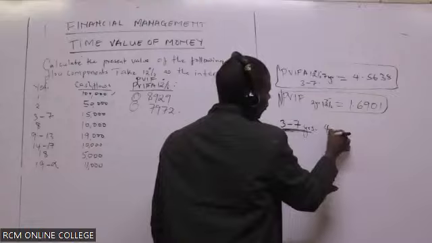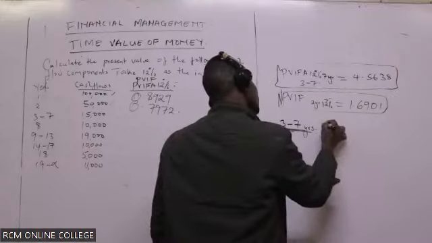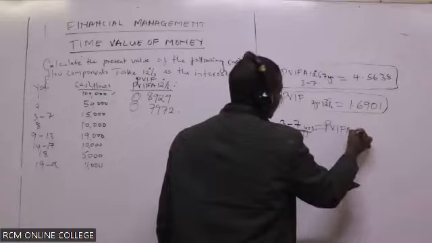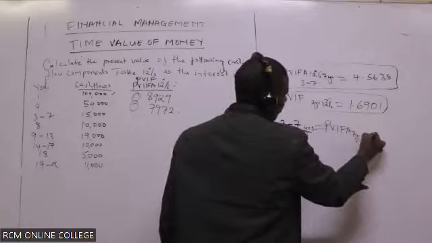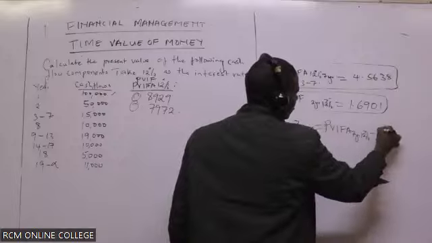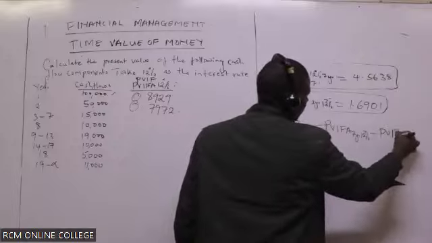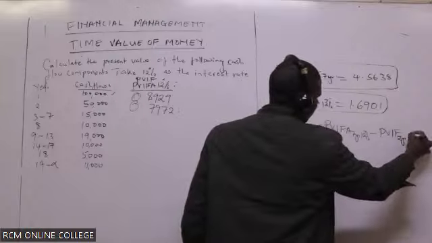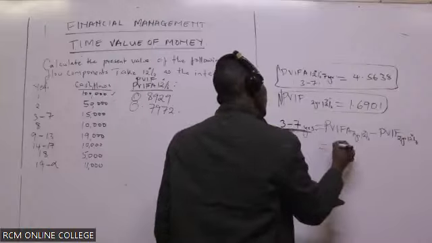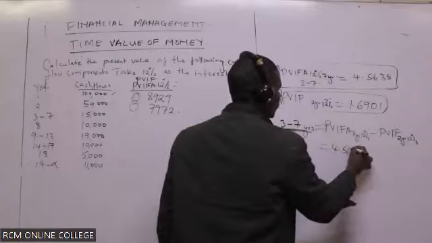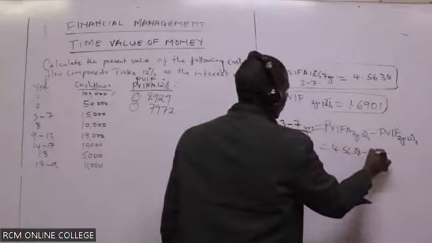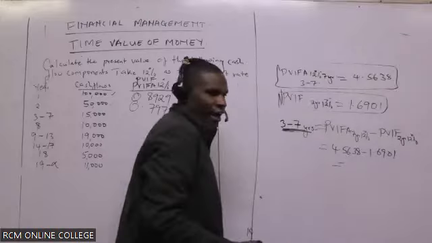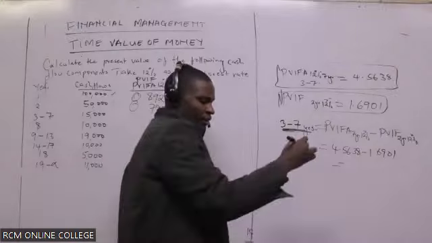So PVFA 3 to 7 will be equal to PVFA first 7 years 12% minus PVFA 2 years 12%. Haya, 4.5638 minus 1.6901. Nipatieni the actual 2.8730.